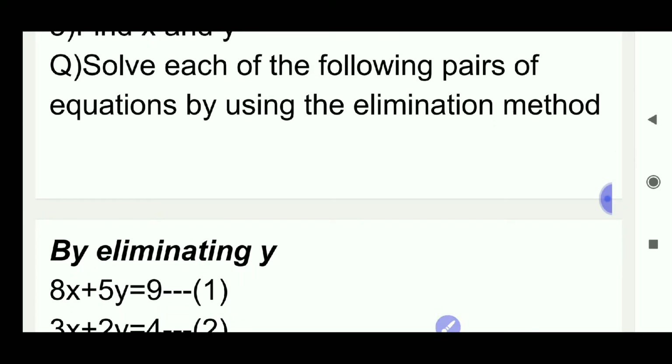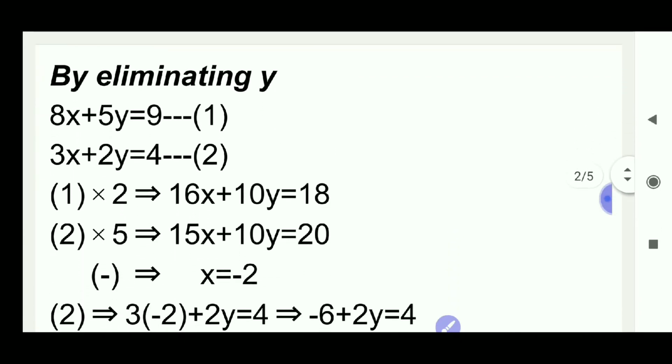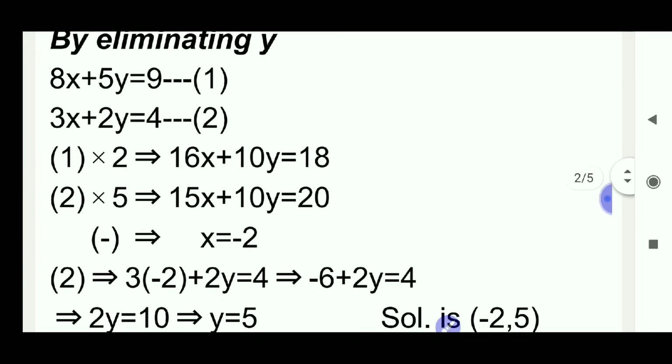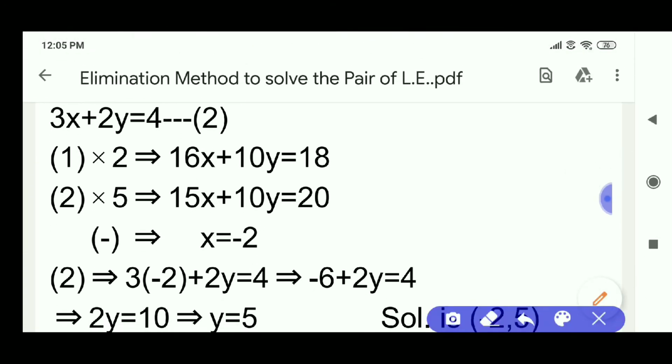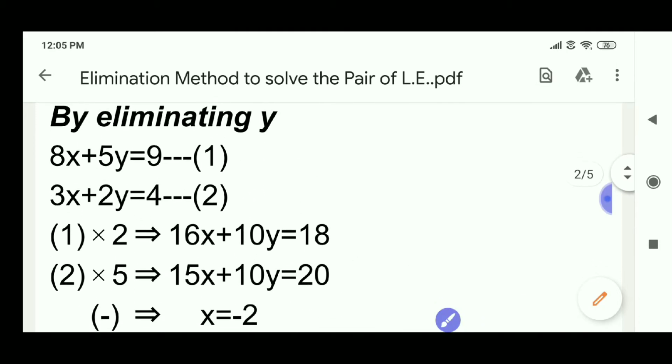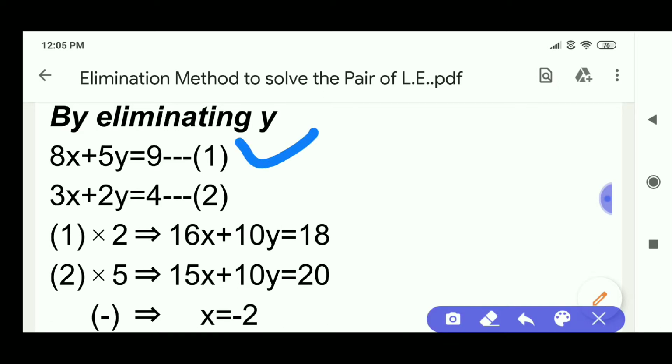The question: solve each of the following pairs of linear equations by using the elimination method. Now, the first equation is given as 8x + 5y = 9, and the second one is 3x + 2y = 4. Here we are eliminating y.